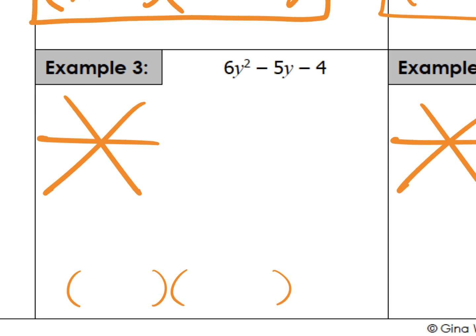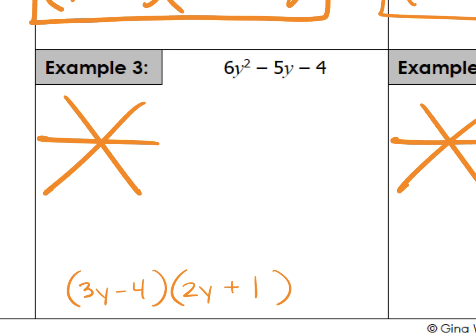Number 3. I got 3m minus 4 and then 2m plus 1. Oh, anybody else get that? And keep in mind, you can flip-flop them. It can be 2y plus 1 times 3y minus 4. This is the right answer.